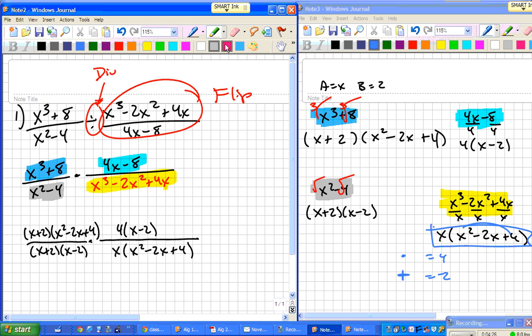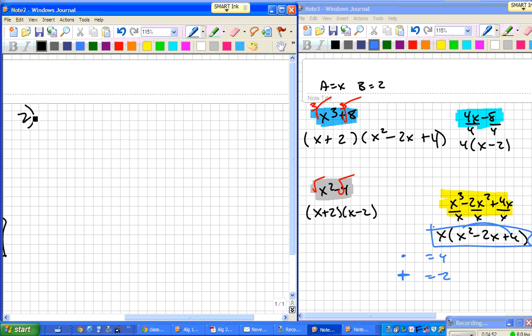Now, let's try and see if we can find some pairs. I got x plus 2, x plus 2, x minus 2, x minus 2, and there we go. So everything that are pairs we can cross out, and then what we're left with is 4 over x. Okay?